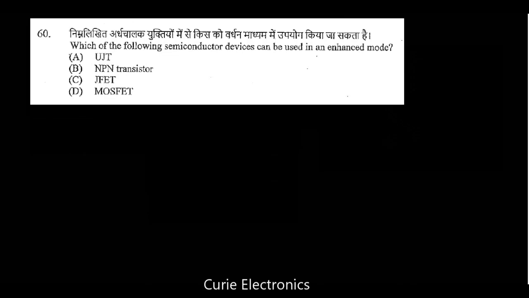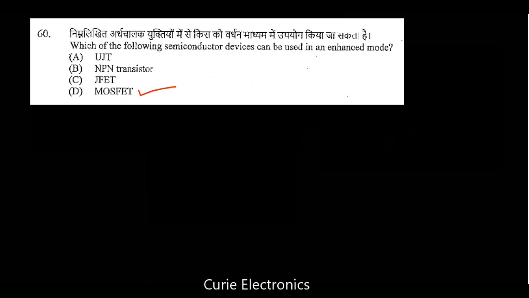Question number 60, the last question today. Which of the following semiconductor devices can be used in enhancement mode? That is the MOSFET. We have the enhancement mode as well as the depletion mode. JFET works in depletion mode, but MOSFET has both.